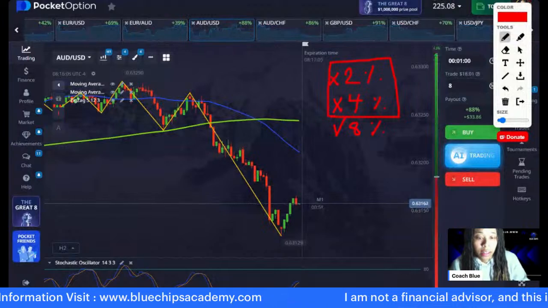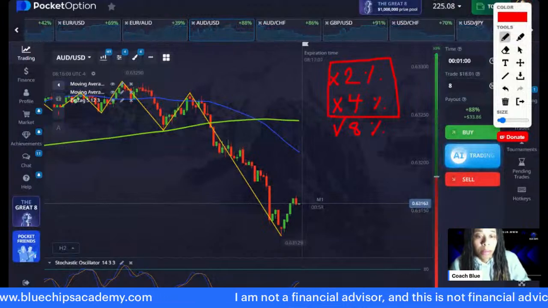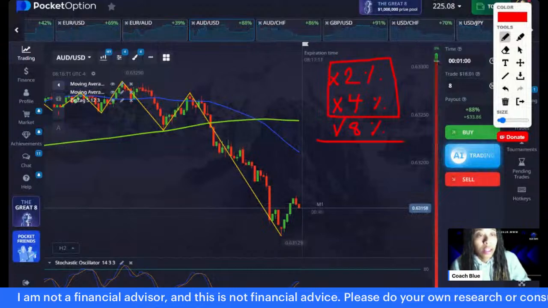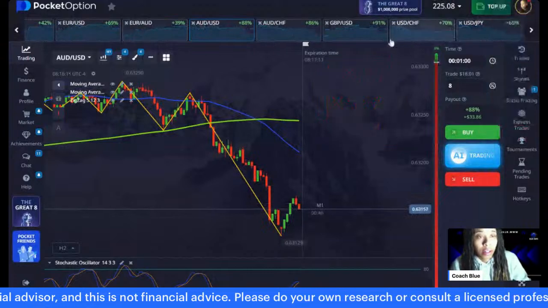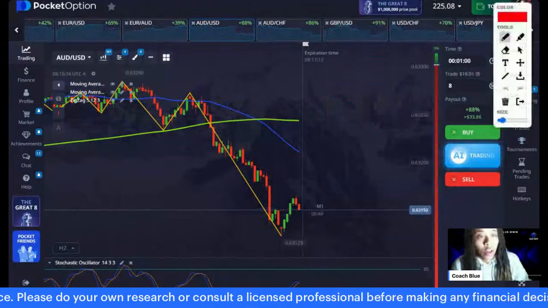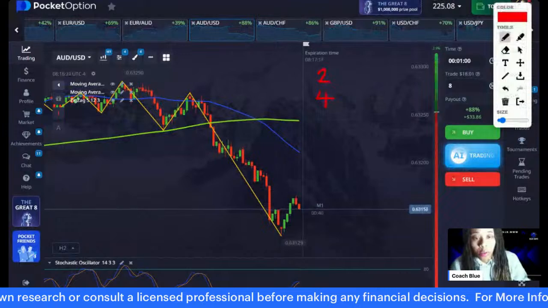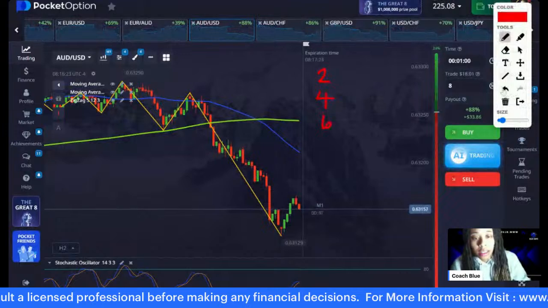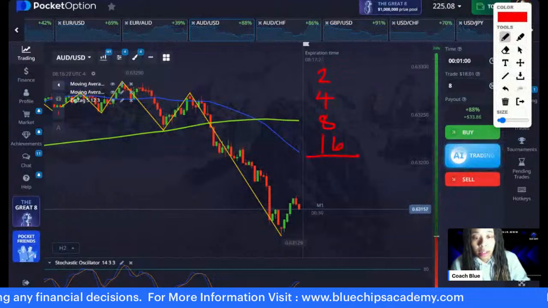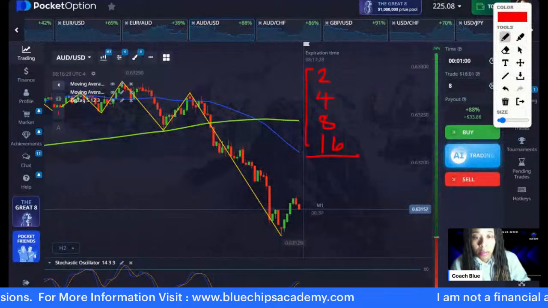Okay, makes up for the last 2 and puts me back in profit. So this is how I pretty much continuously grow the account there. All right, so that's the breakdown. So I go up to 4 levels. So I go 2, 4, 8, and then 16. So I'm doubling up every time, basically. Those are my 4 levels of breakdowns right there.